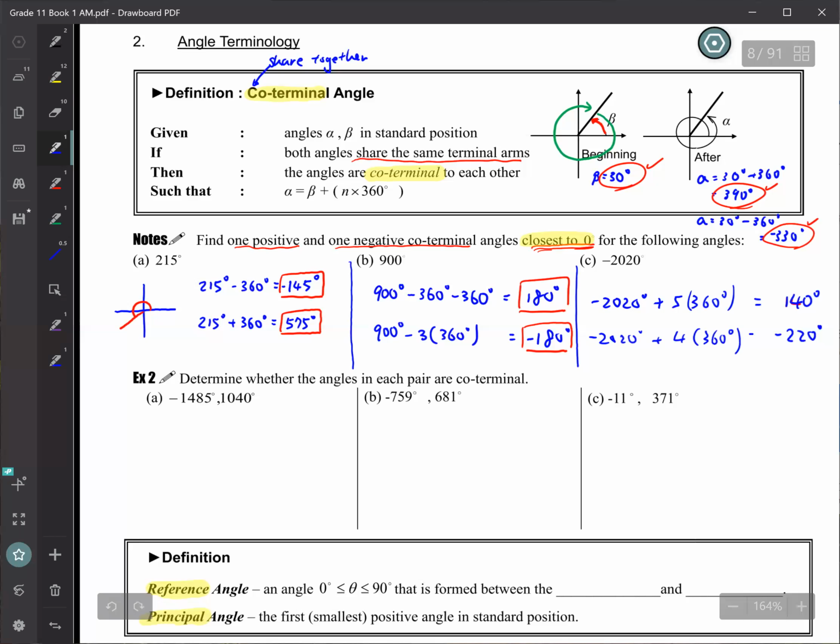I'll give you negative 220. Any questions about these two?